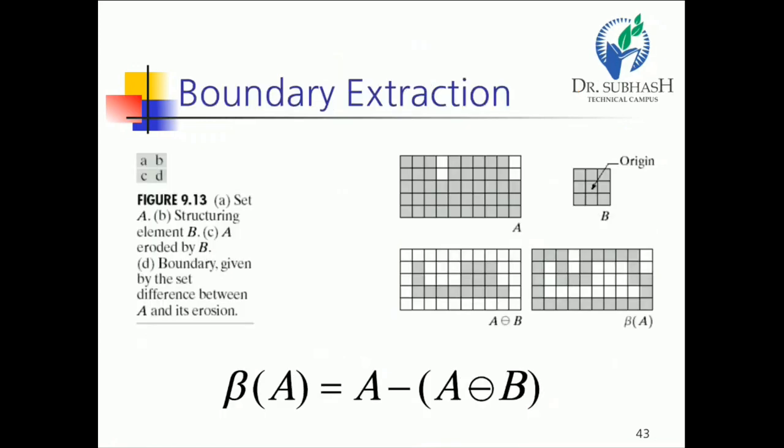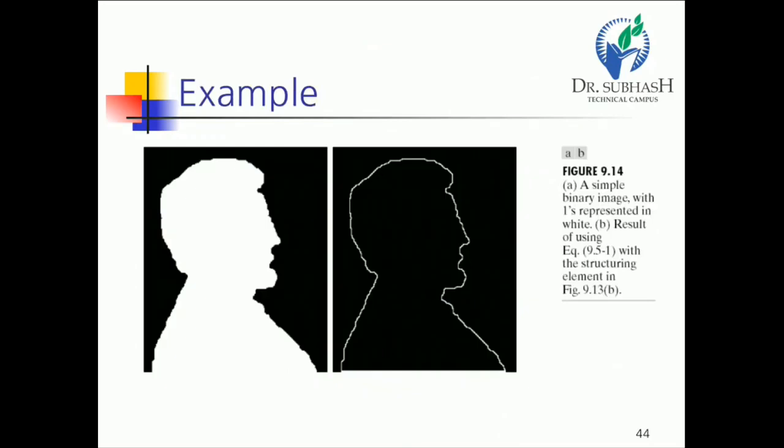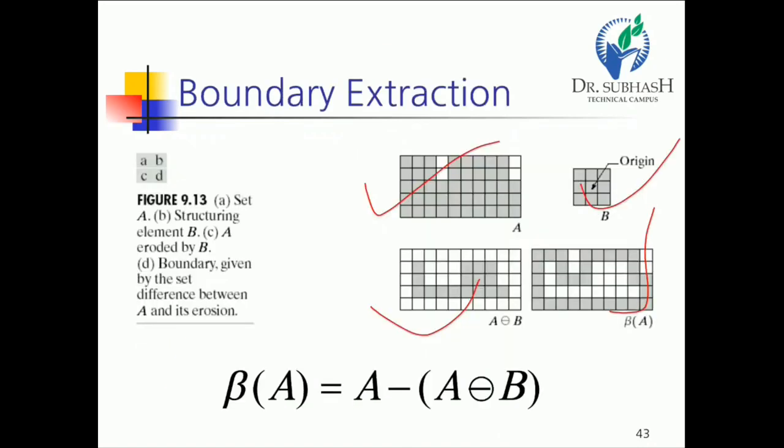Now the boundary extraction. This is the set A and this is the structuring element B. In figure C, A is eroded by B, and the boundary is given by the set difference of A and the erosion of A. So boundary extraction equals A minus, inside the bracket, A erosion B. This is an example of boundary extraction.